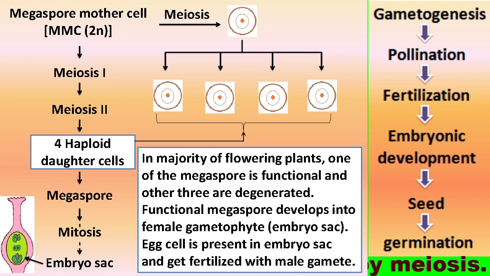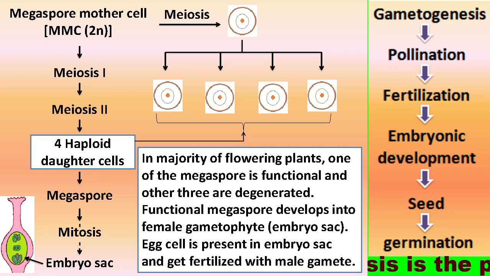That is, the ploidy level of megaspore mother cell is diploid. Is it not haploid or triploid or tetraploid? After the first meiotic division and thereafter the second meiotic division, 4 haploid daughter cells will be produced. Now this will mature into megaspore.